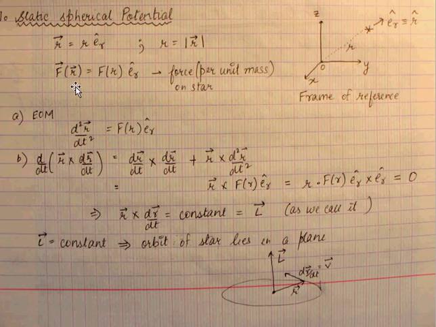So even the force per unit mass here would also depend on r and not on any other coordinate, right? We know from our basic classes that the equation of motion for such a system that depends only on r is given by d²r/dt² = f(r) e_r cap, right? So this e_r cap over here is the unit vector in the direction of the radius, right?